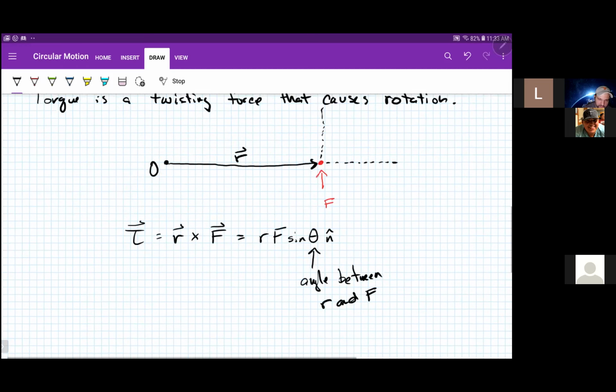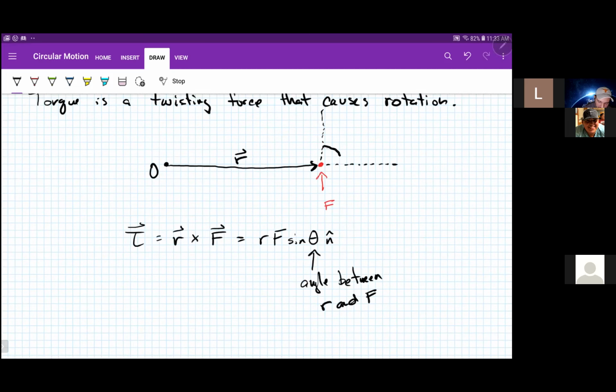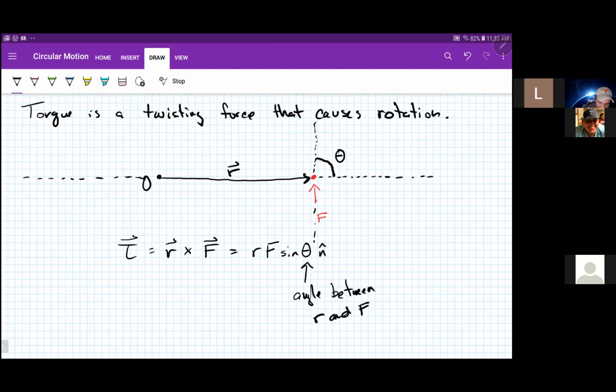So we're talking about this angle here. This is our theta. I'm going to extend the lever arm, the R position, out, and we call it a line of action. R is acting all along this axis type of deal, and F is acting all along this imaginary line here.